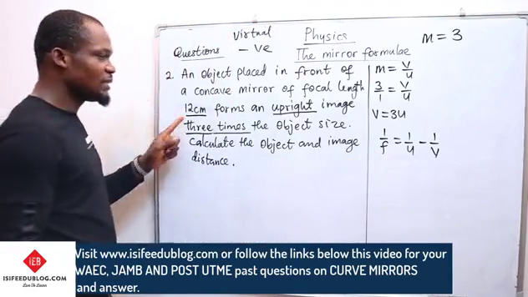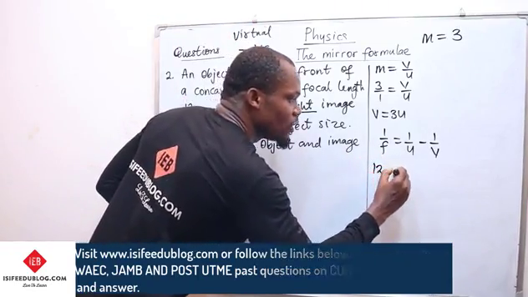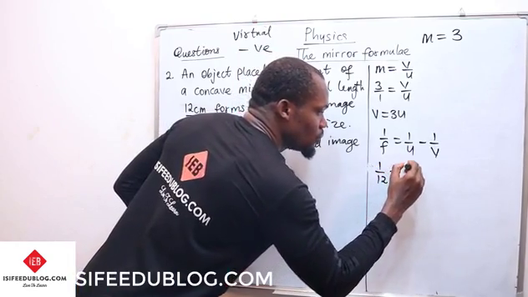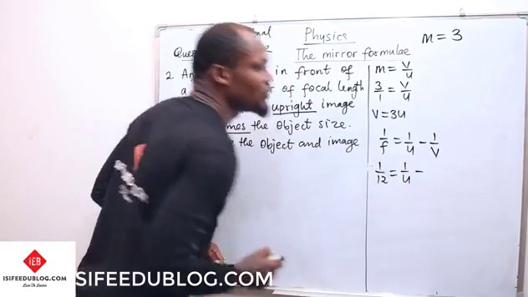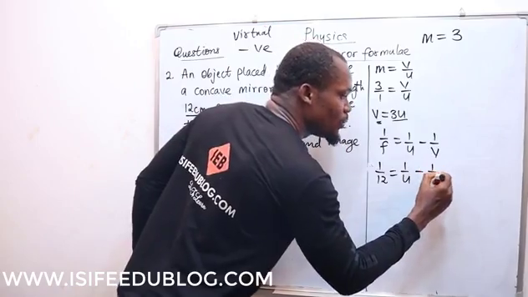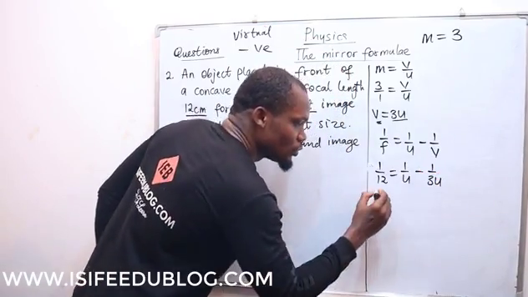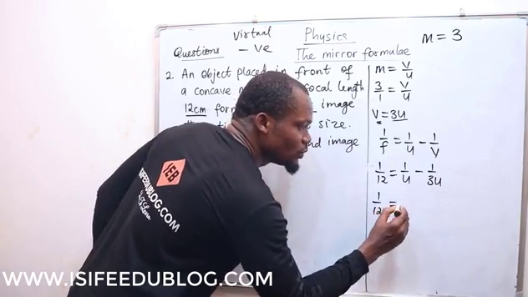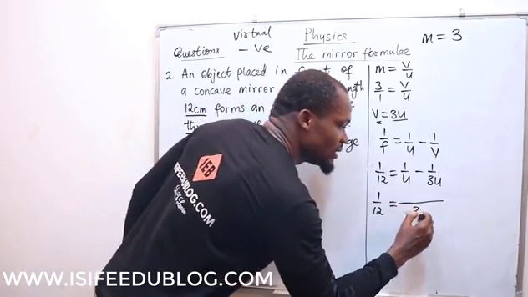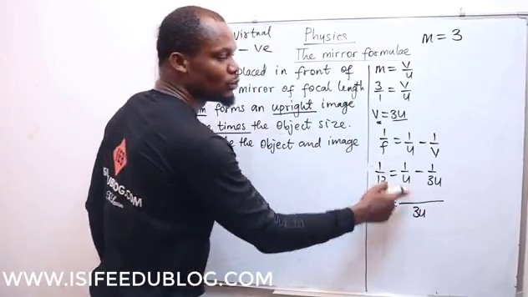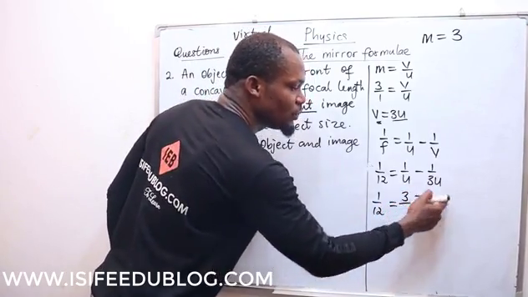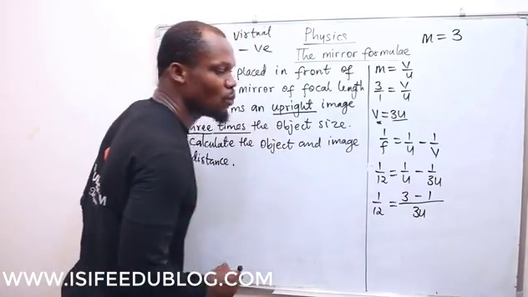What is the focal length? The focal length is 12, so 1 over 12 equals 1 over u minus, our v is what? 3u. 1 over 3u. So 1 over 12 is going to give us, what is the LCM of u and 3u? It is 3u. So u goes into 3u, we get 3, minus 3u goes into 3u, we get 1.